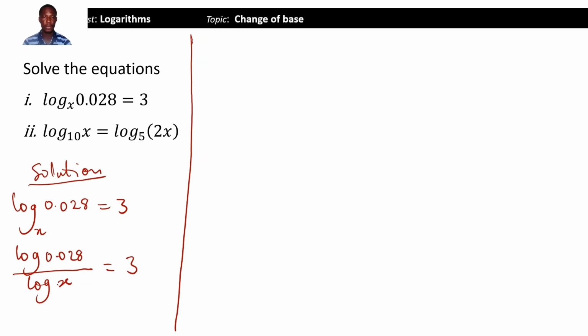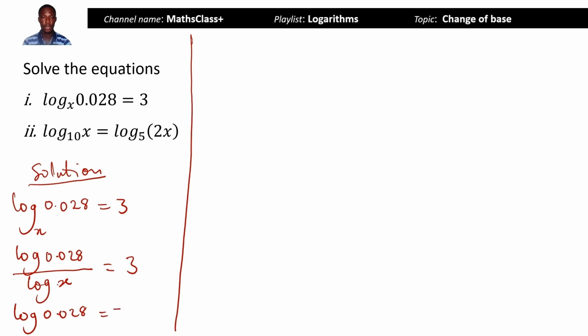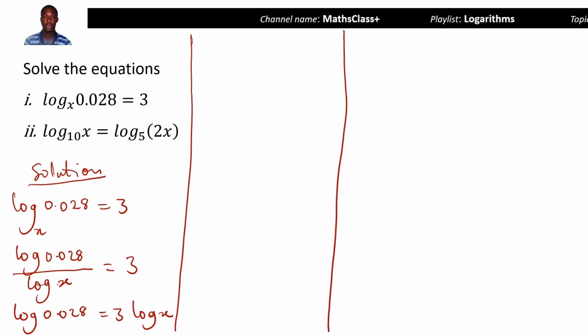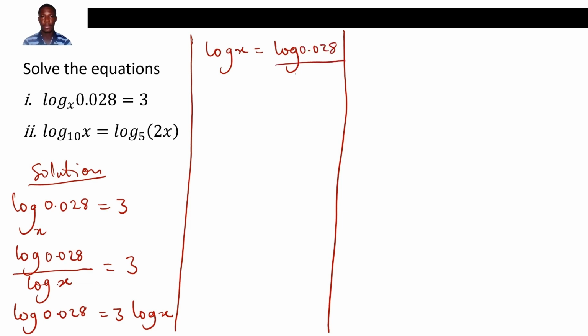So I will multiply through by log x to obtain log 0.028 is equal to 3 log x. So I'll continue by dividing through by 3. That gives me log x is equal to log 0.028 divided by 3.